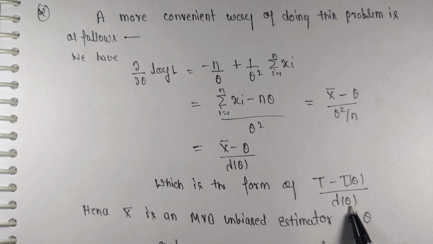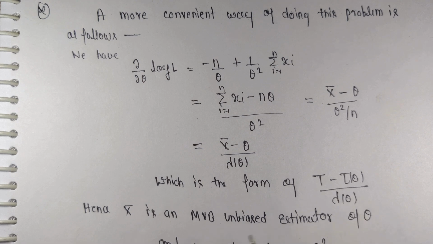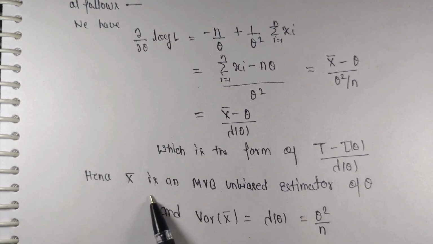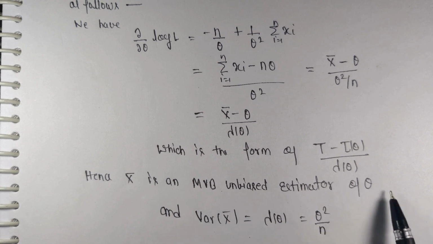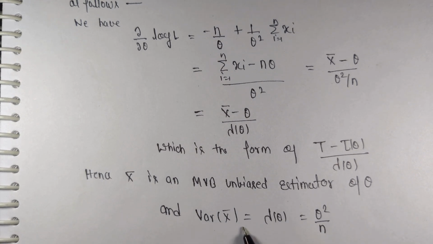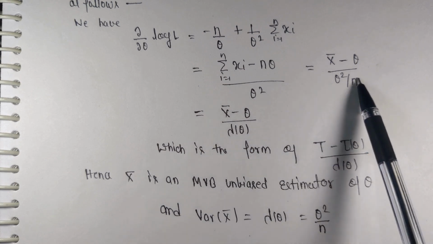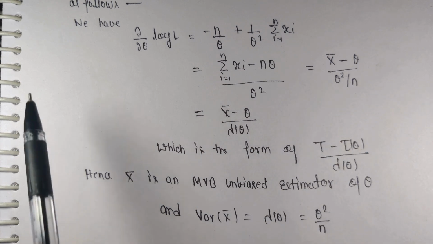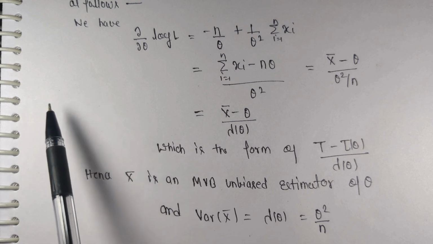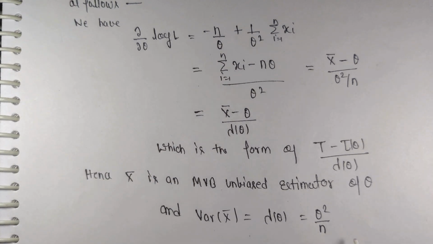So we can conclude that x bar is the minimum variance unbiased estimator of theta, and the variance of x bar is equal to lambda(theta), which is theta square by n. So this is one alternative way to find the solution of the above problem.